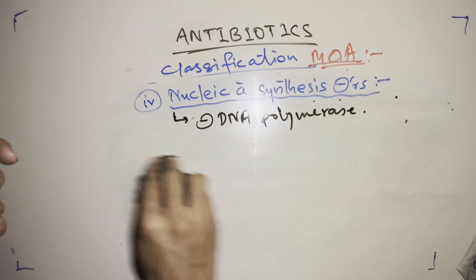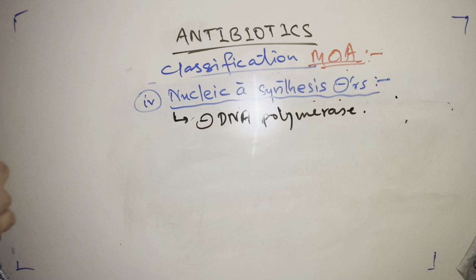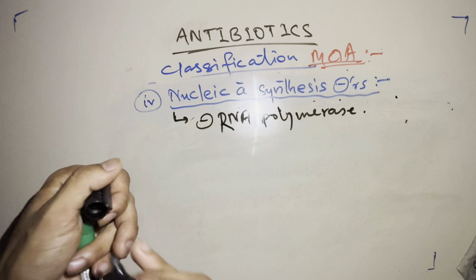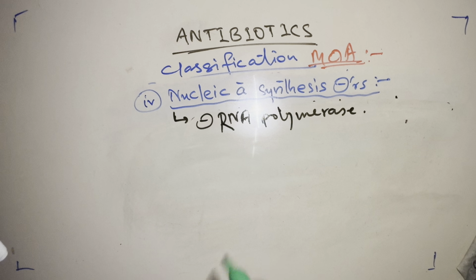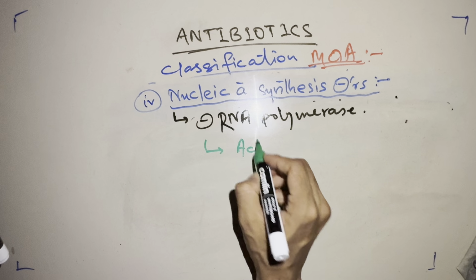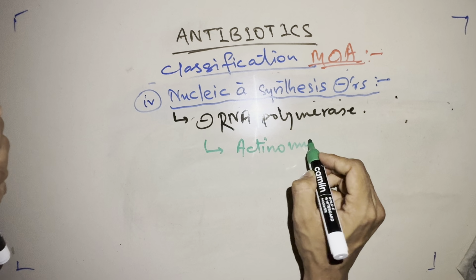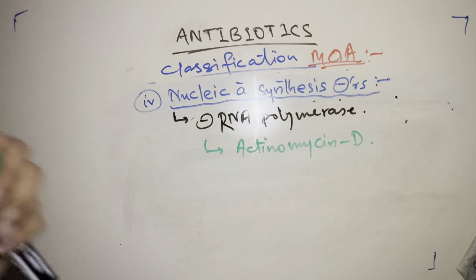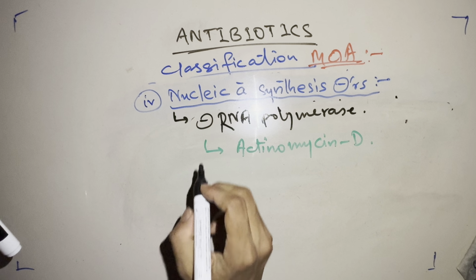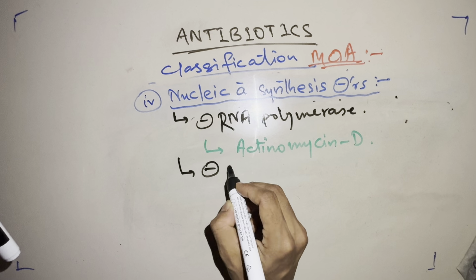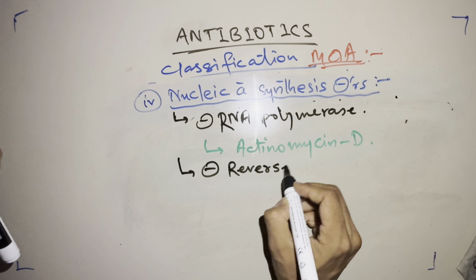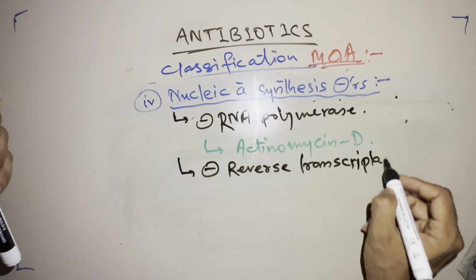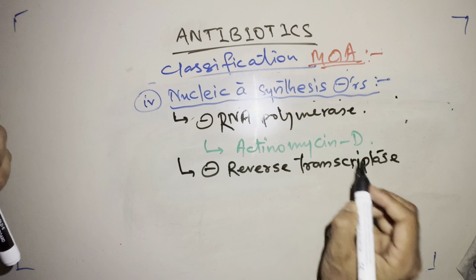Next, by inhibiting RNA polymerase, so use an RNA polymerase inhibitor. The example of RNA polymerase inhibitor is actinomycin D. Next, you can also inhibit the reverse transcriptase enzyme.